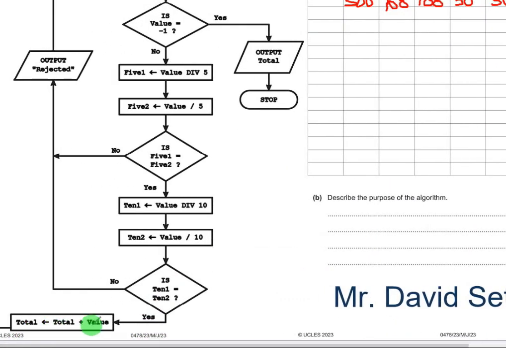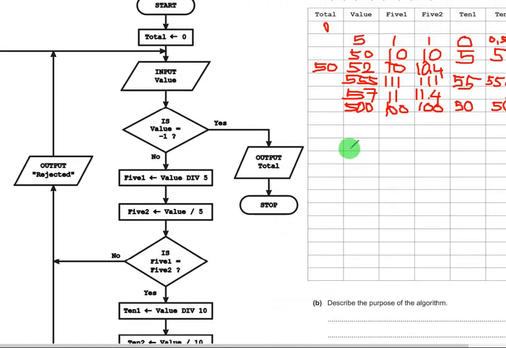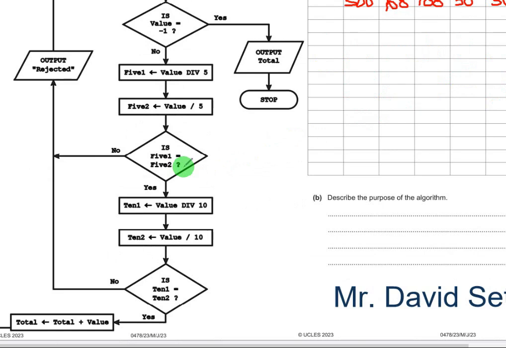Total arrow, total value. The last total that we know is 50, and the new value is 500. So 50 plus 500 is 550. That's good. The new total is 550.